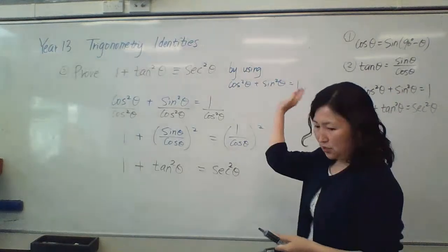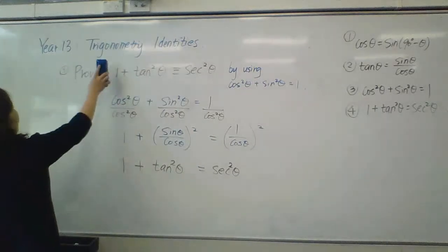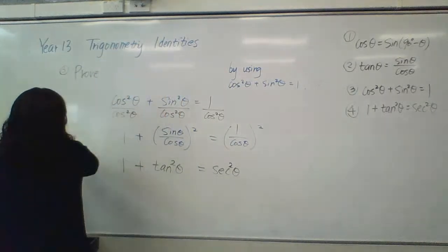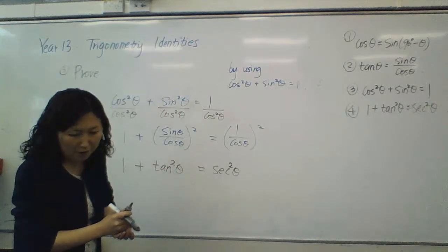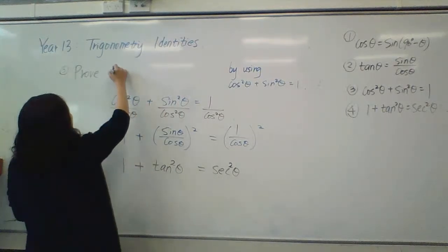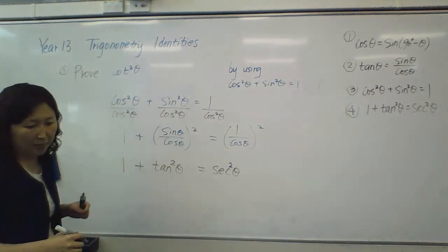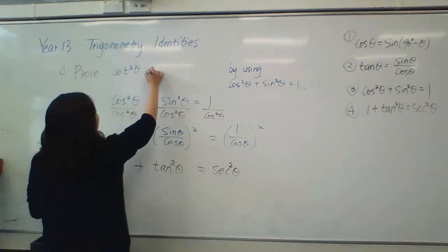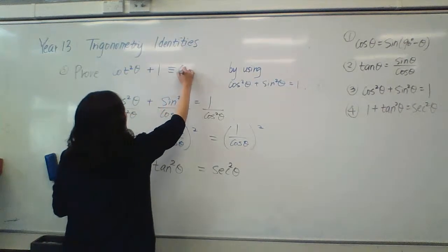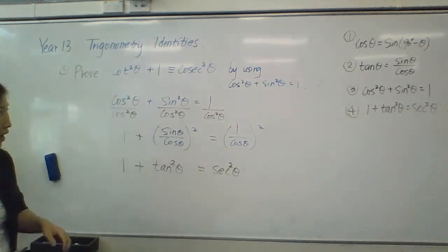Now I'm going to change this question and I want you to actually try by yourself. I'm going to not talk for maybe 1 or 2 minutes. You're going to prove that cotangent theta squared plus 1 is equivalent to cosecant theta squared.